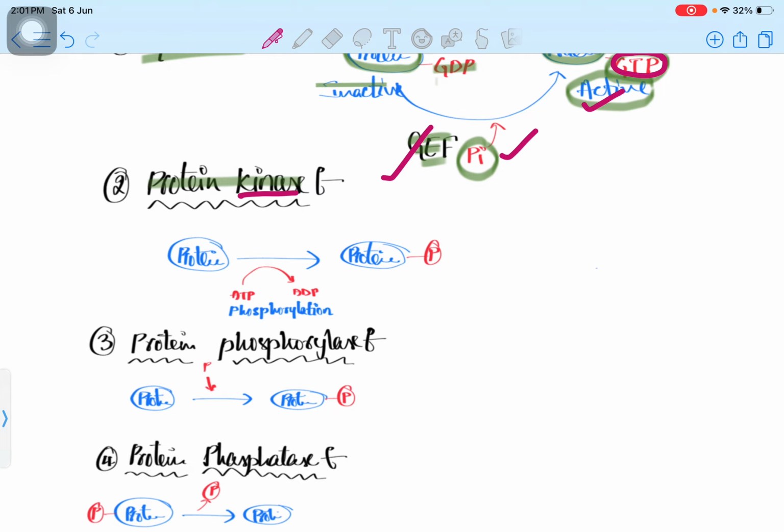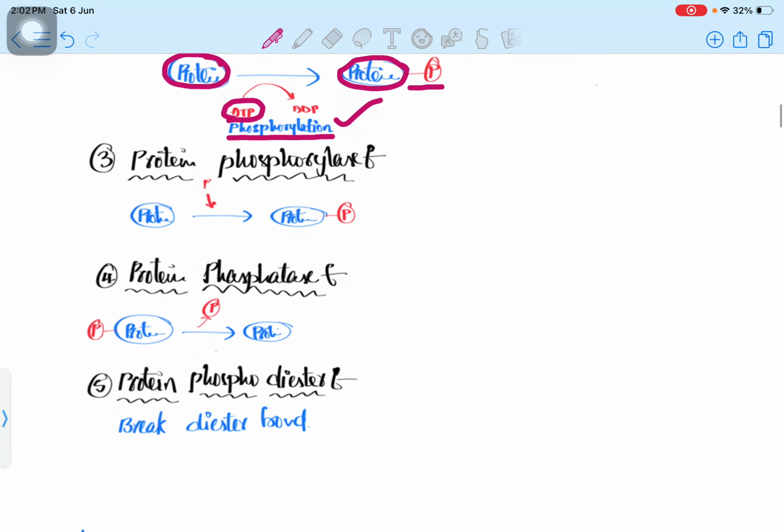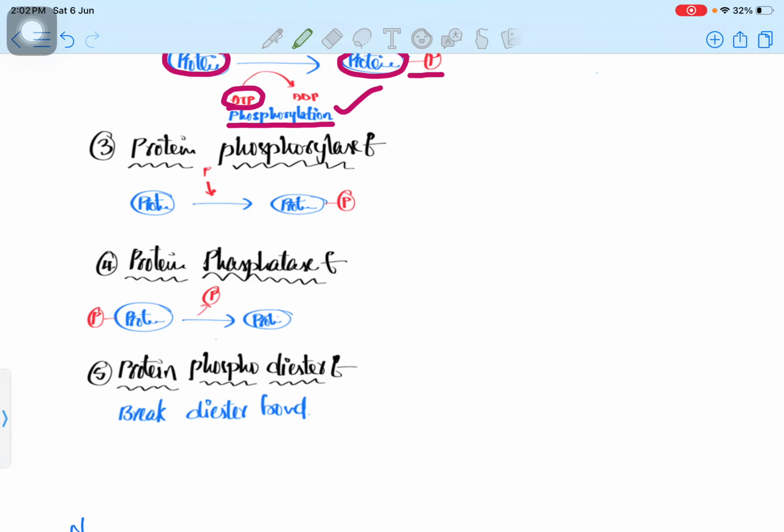If you know the cell cycle, you must know kinase means phosphorylation. Here we do the phosphorylation with the help of ATP, the energy molecule. One protein is in the inactive condition, but we attach a phosphate on it, so phosphorylation happens on the protein, known as protein kinase activation.